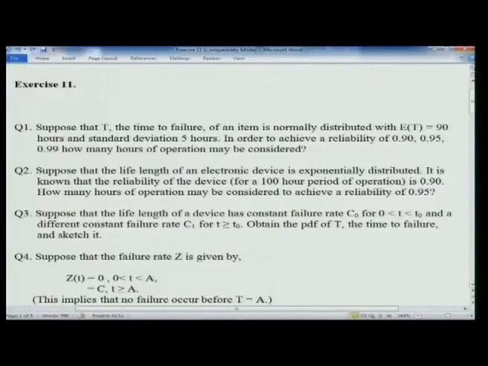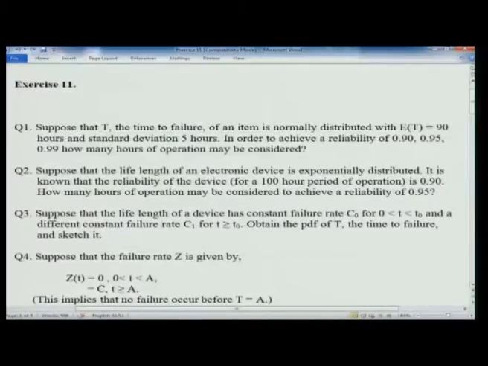So, from the first data that is given to you, you will compute the parameter alpha for the exponential failure law, and then once you get alpha, you can compute the time corresponding to the reliability level of 0.95.